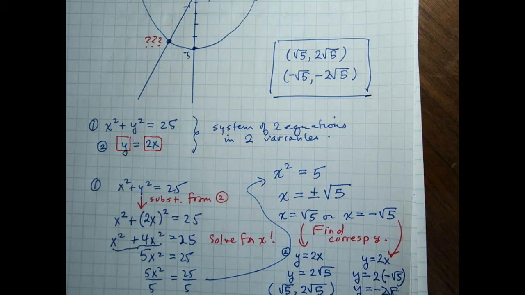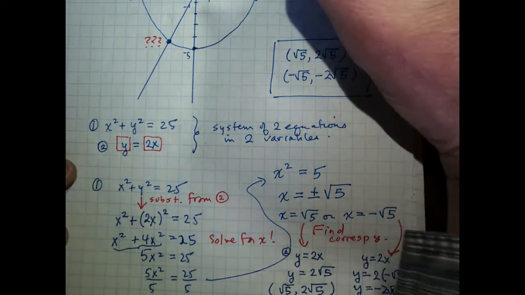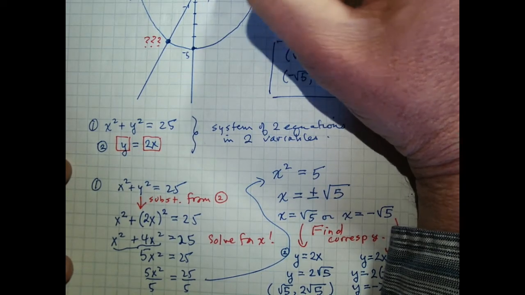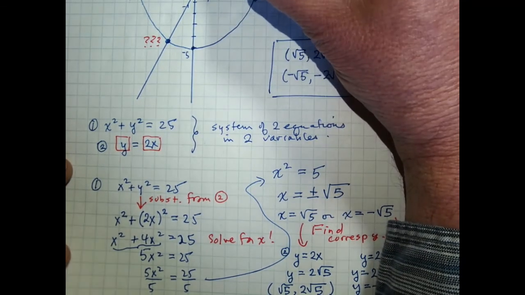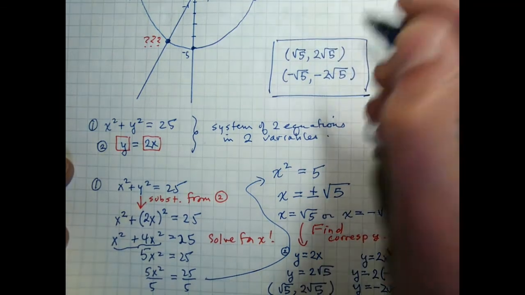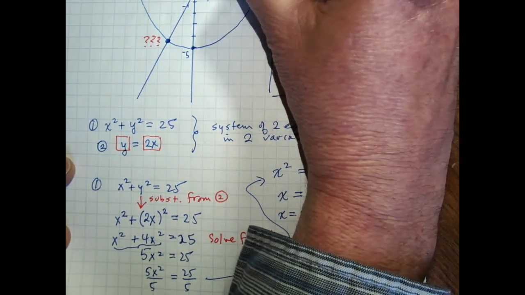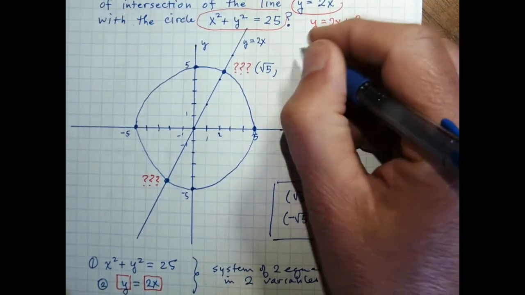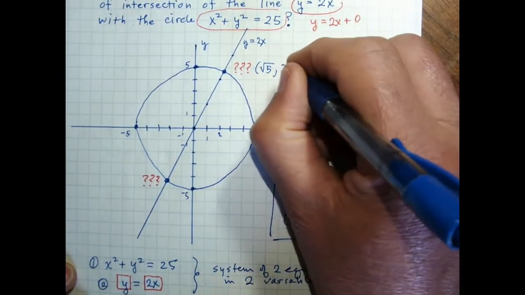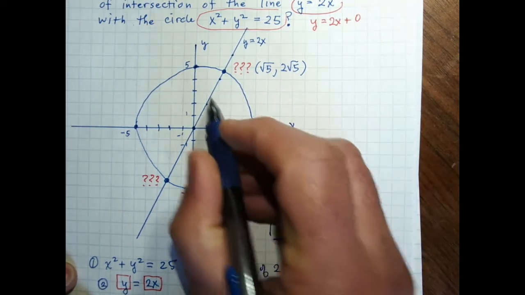You know, that square root of 5 is about 2.2. So 2.2 up to here, that matches up with square root of 5. The coordinates of this point are square root of 5, 2 square root of 5, 2 times 2.2 is like 4.4.